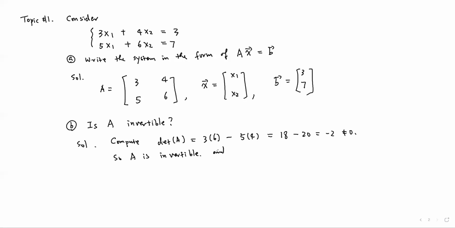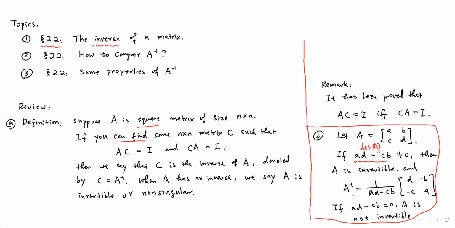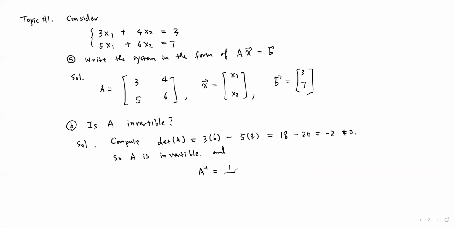And we also have a formula for the inverse. The formula is here. 1 over the determinant. Now the determinant is -2.